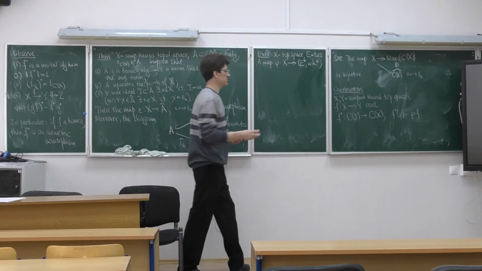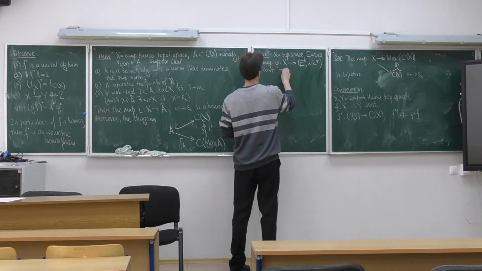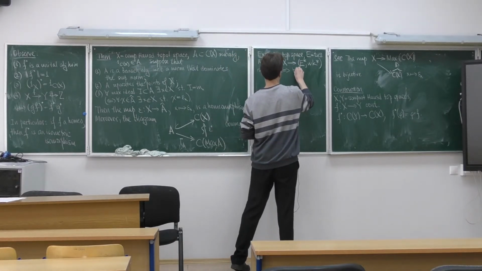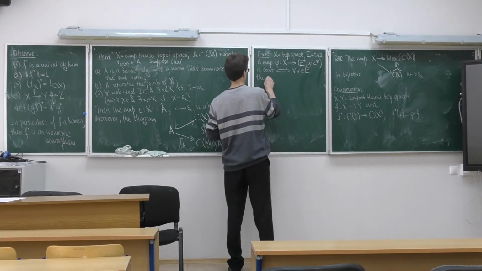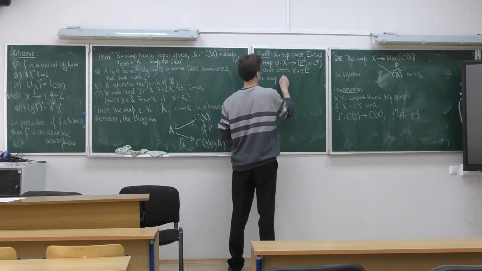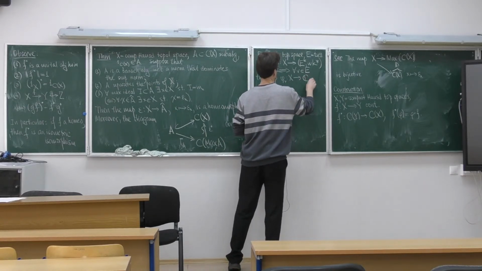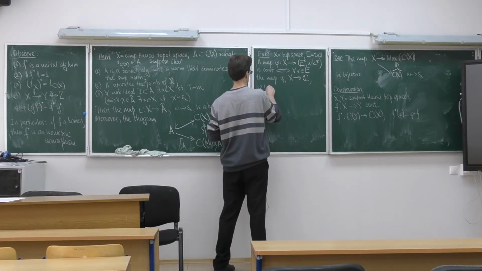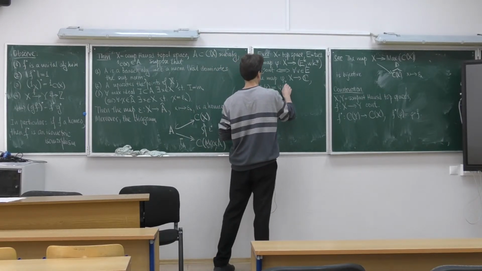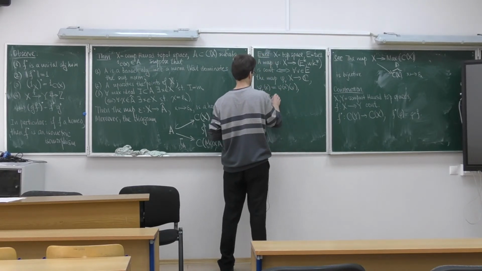I claim that this map is continuous if and only if for each element v in E, the function phi v from X to the complex numbers, which takes x to phi of x evaluated at v, is continuous.